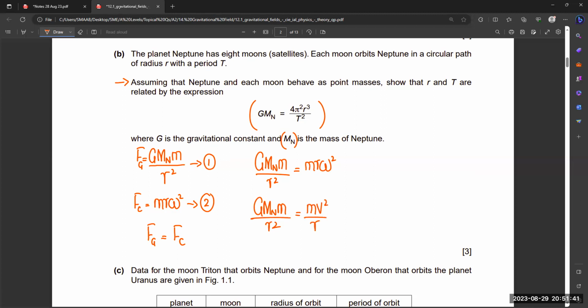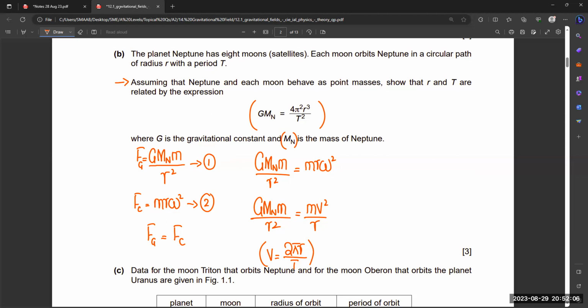Okay. And if we want to substitute the value of v, the value of v is actually equal to... Now you can see that both chapters are interconnected, right? So that's why you need to have a reference from the first chapter also.